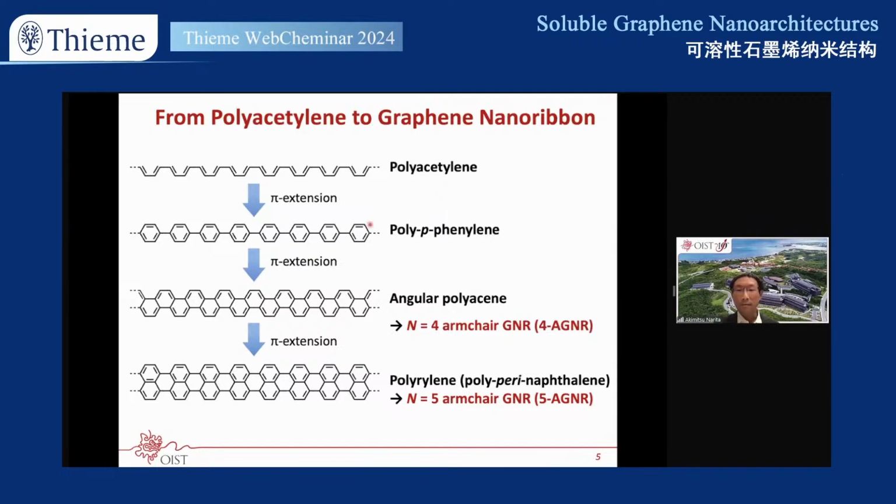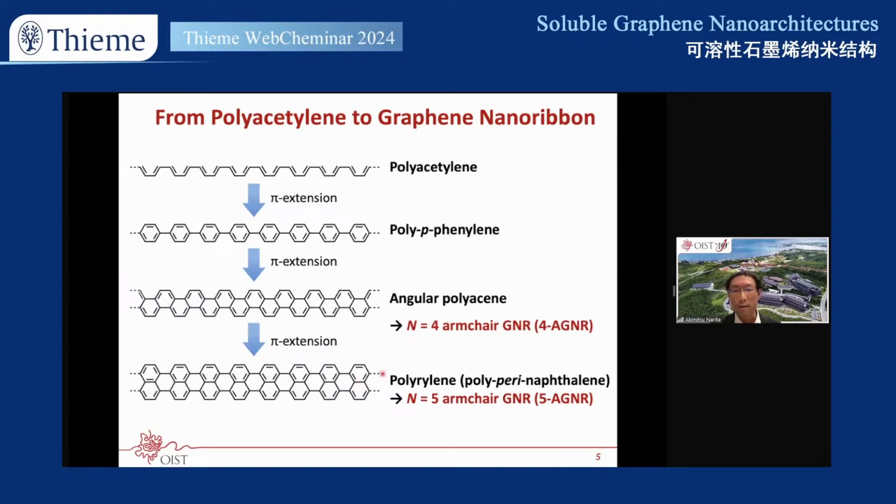And nanoribbons sound like nanocarbon materials, but actually they belong to polymer chemistry. This is a very simplistic theoretical slide, but if we pi-extend polyacetylene, we get polyparaphenylene. If we get so-called angular polyacenes, this is considered already as N equal 4, so the armchair graphene nanoribbons with 4 carbon atoms in the middle.